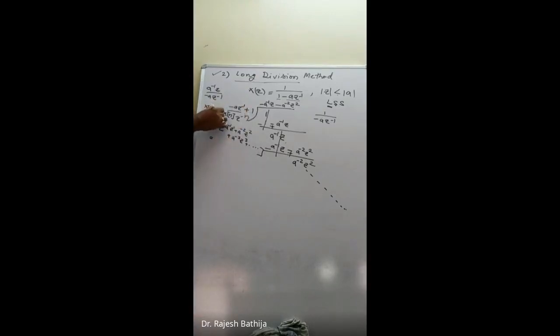Here minus n is coming and z to the power plus 1 is coming. So it means it will start from minus 1 and it will end at minus infinity, z to the power minus infinity. So from minus 1 to minus infinity, the unit step signal is 1.